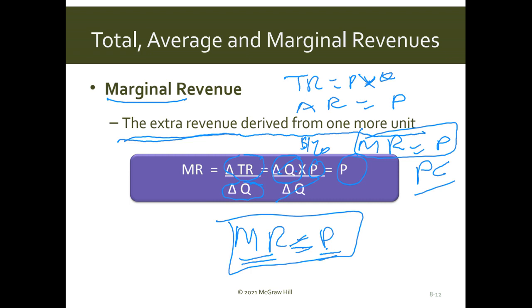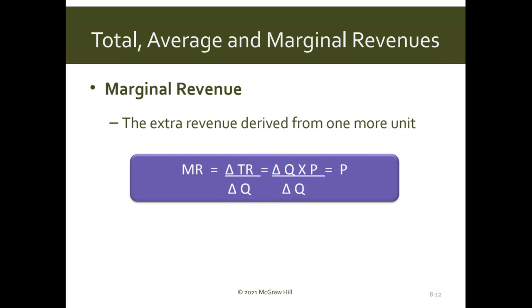This is marginal revenue. What is marginal revenue? It is when you sell one additional unit, what is your extra revenue? Sorry, I'm confusing you. Let me rephrase.